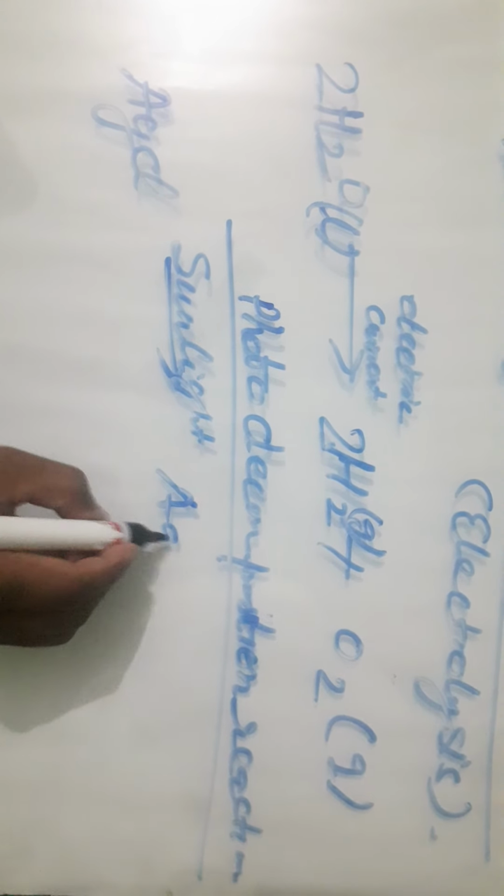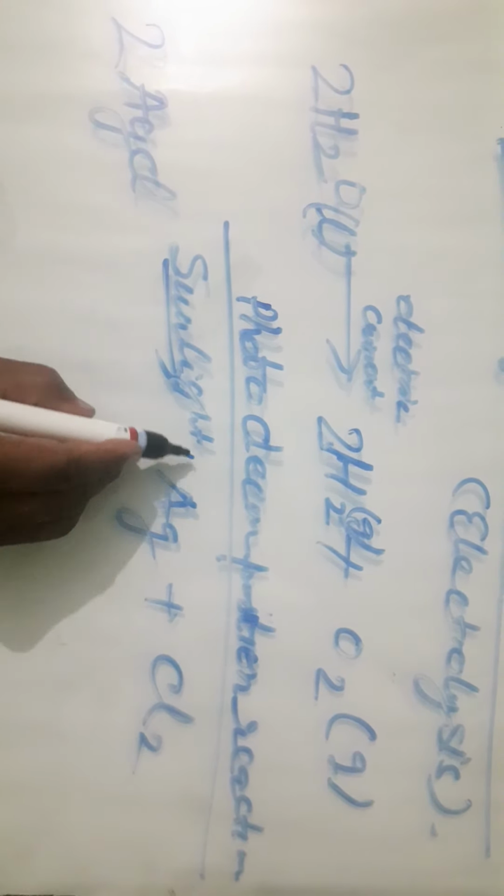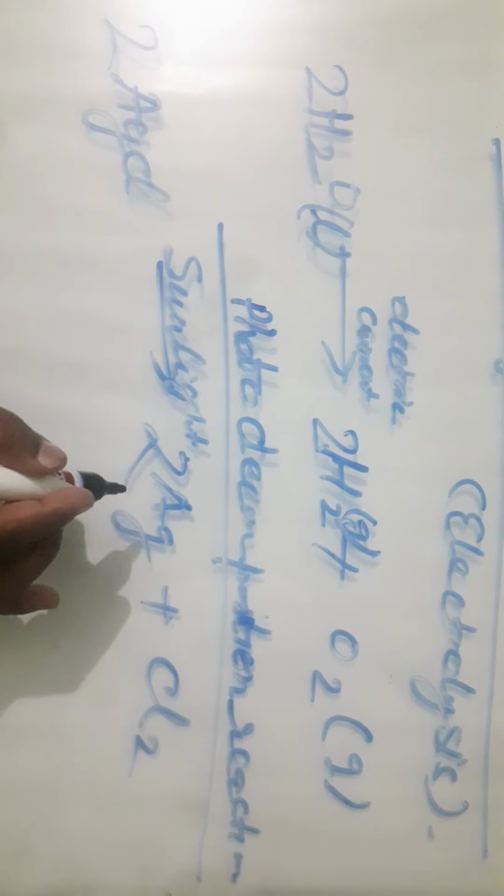It decomposes into Ag and Cl2. Here we want to balance this equation: 2AgCl gives 2Ag and Cl2. So this is the example of the photo decomposition reaction.